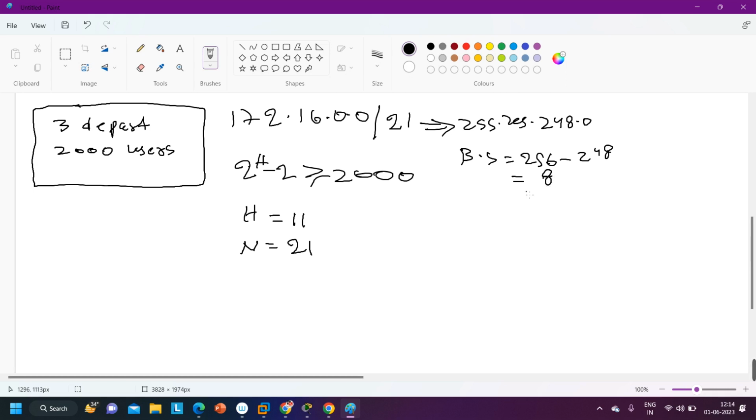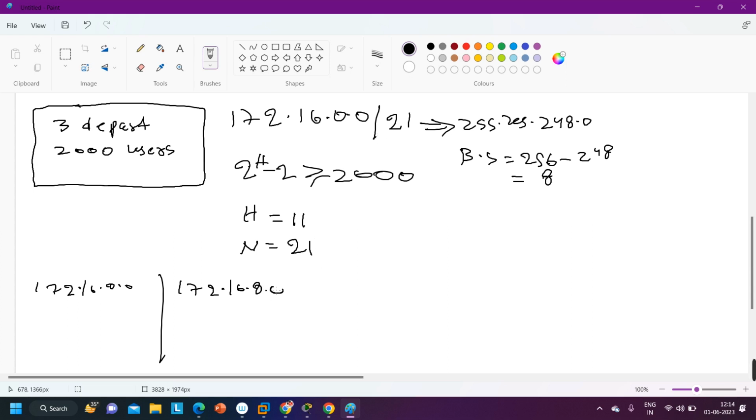Now everything is resolved. My first network will be 172.16.0.0. My second network will be 172.16.8.0. In which octet will I add 8? In the third octet, because the last one is present in the third octet.